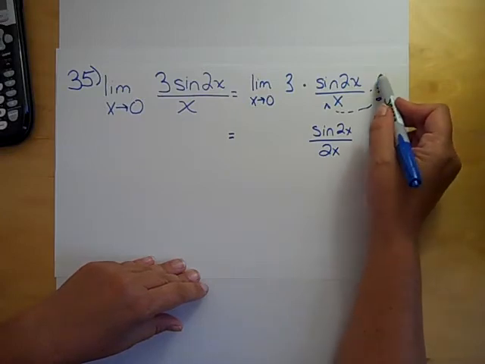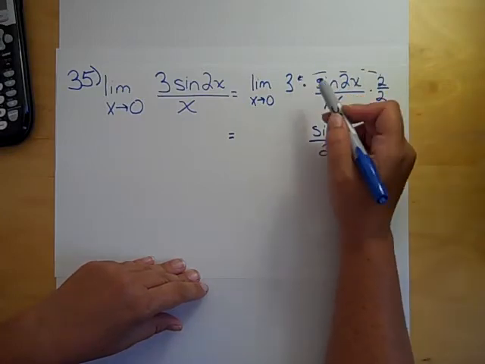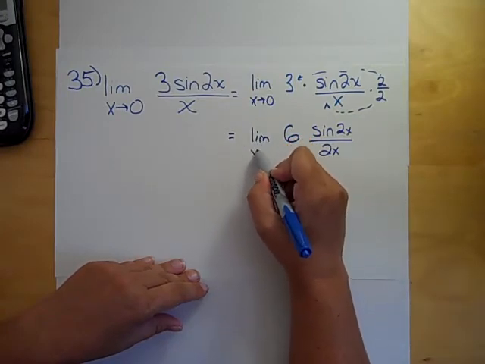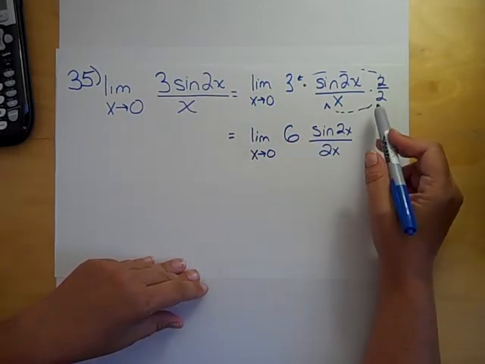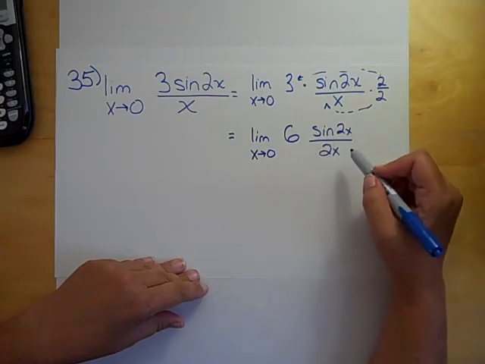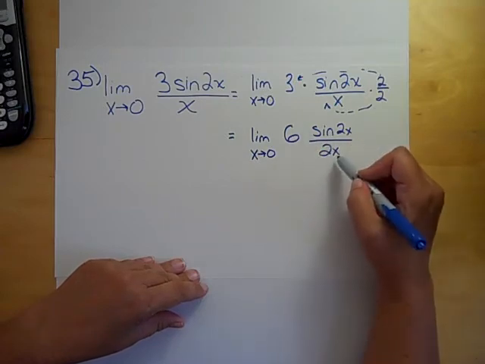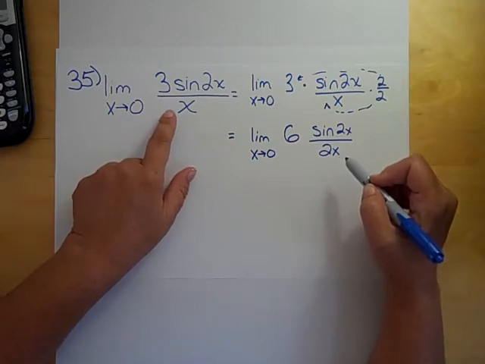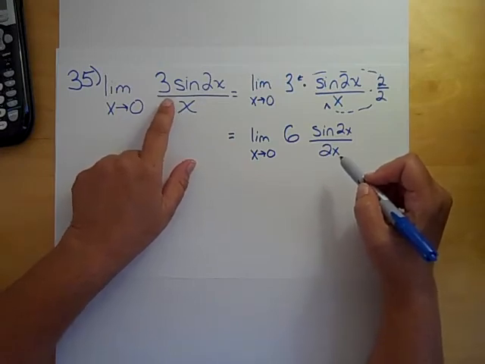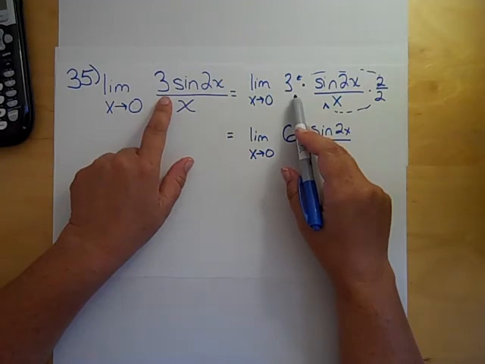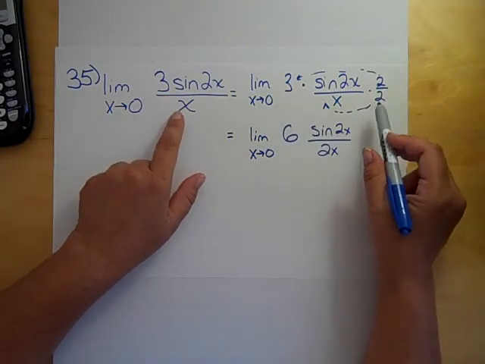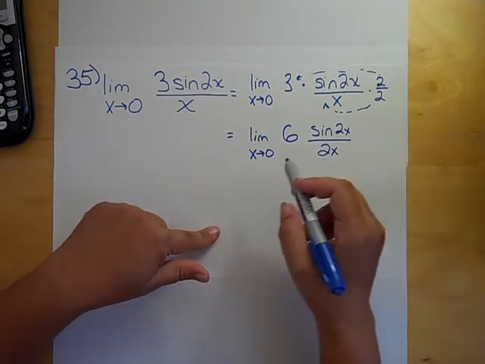And then this 2, let's move it over here. So we get 6 there. And as you can see, if I were to simply cancel out terms, I would get exactly what I started with. So all I've done so far is I took this 3 and pulled it out, and I multiplied top and bottom by 2. So now I'm ready to proceed with my limit.